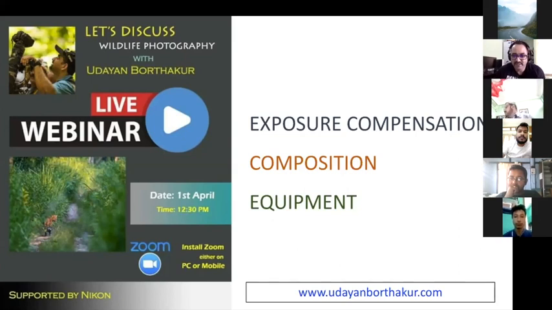But there are certain things which have to be considered very carefully when you do any field photography, particularly aspects like exposure compensation: when to compensate, how to decide when to compensate, and to what extent we should compensate our exposures. And second, we'll be discussing composition, and something about equipment.